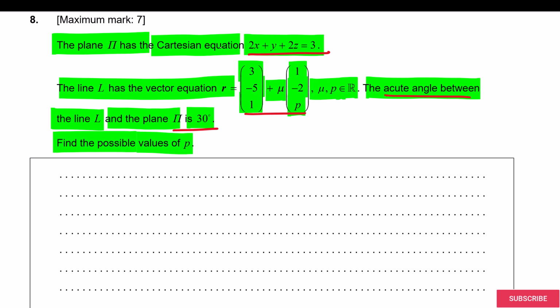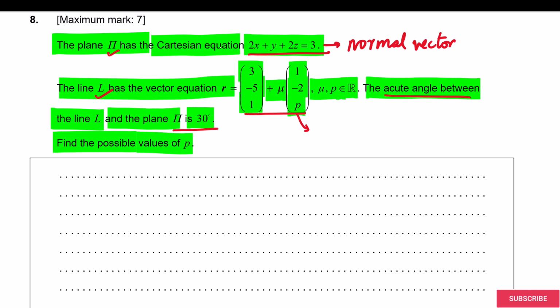From the plane pi we have a normal vector, because whenever we have a plane we have a normal vector to it. So from here we get one vector, and from the line L we have a direction vector, which is (1, -2, p). In order to see the angle between line and plane, we will see the angle between the line and the normal to the plane.